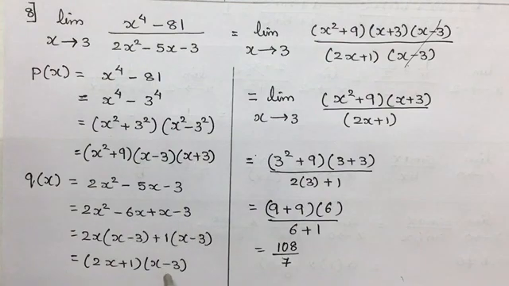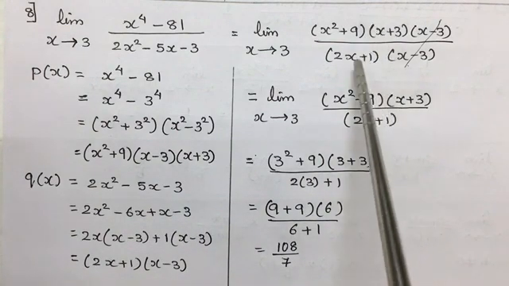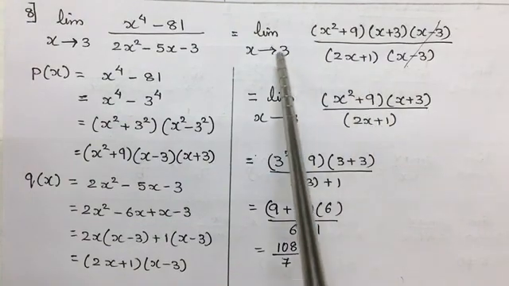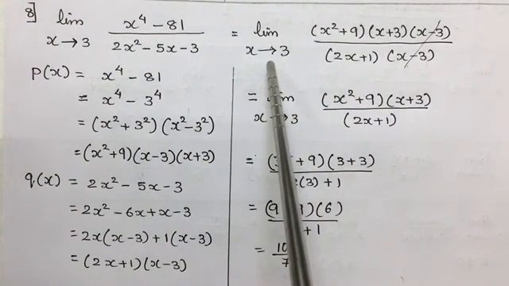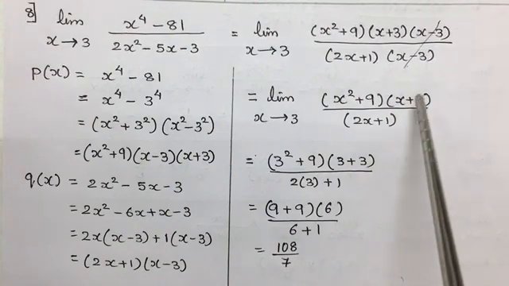Now keeping both these factors in numerator as well as in denominator with the limit, x minus 3 and x minus 3 get cancelled.